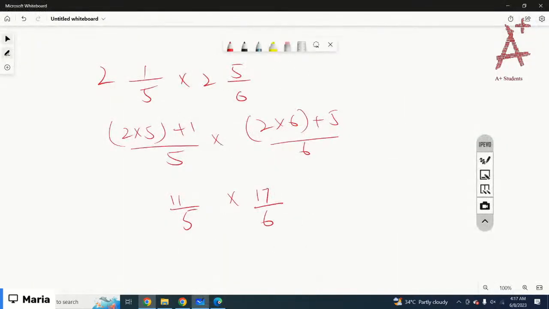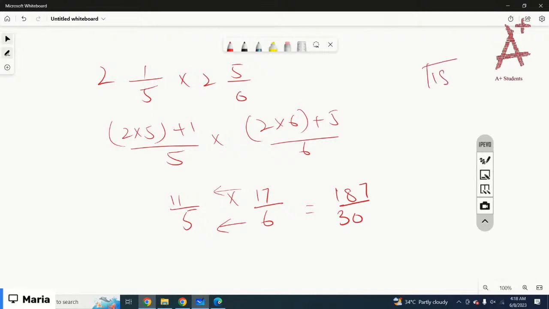Okay. So when multiplying, you have to do numerator times numerator and denominator times denominator. So 17 times 11 is 187. It would be 187 over 5 times 6 is 30.